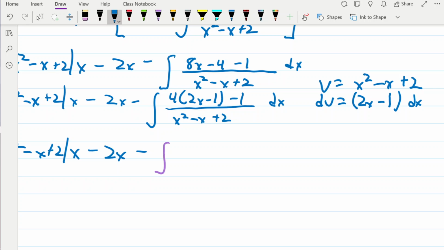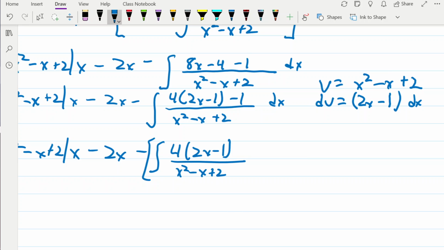And then that gets split into the integral of 4 times 2x minus 1 over x squared minus x plus 2 minus the integral of 1 over x squared minus x plus 2, and then dx on both.